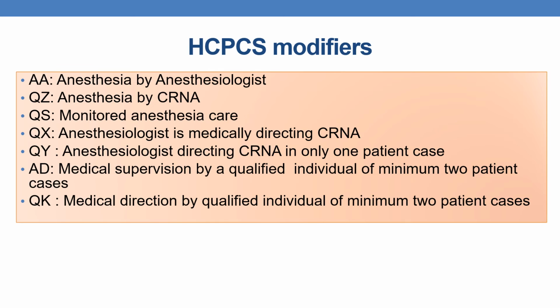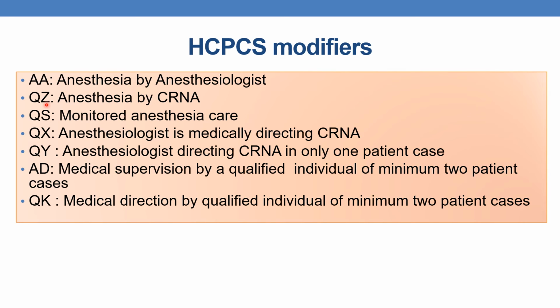Now coming to HCPCS modifiers. First is AA. AA modifier is reported if the anesthesia is given by anesthesiologist. If anesthesia is given by surgeon, you give 47 modifier.